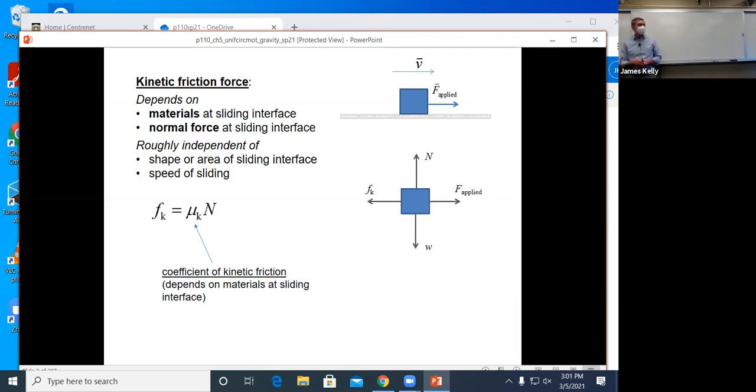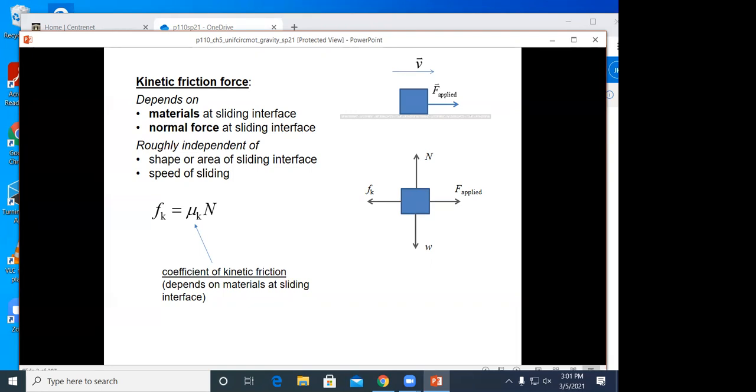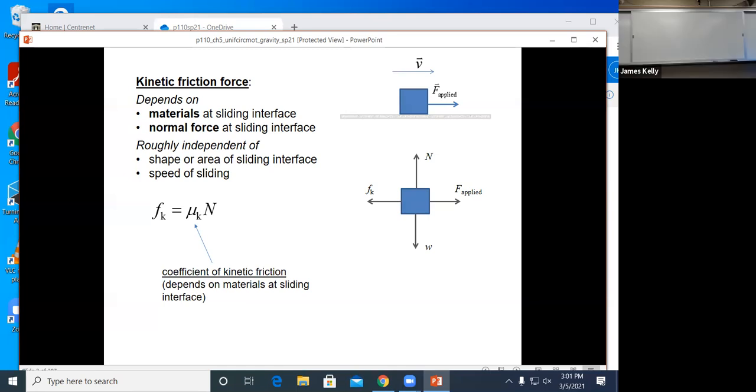Kinetic friction means when an object is sliding against a surface, so there's grinding between the surfaces, like I'm pushing this along the table. If there were no force pushing back against the direction I'm pushing it, then it would keep accelerating, right? Because there would be a net force along the horizontal direction. But we can see there's got to be a kinetic friction force, and it's called kinetic because the two surfaces are moving against each other.